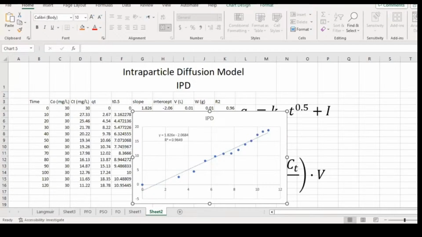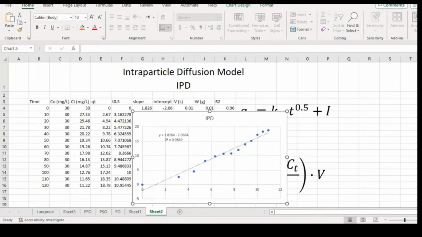But if you are getting a negative value, this means that the system is controlled by the combined effect of film diffusion and surface reaction. So surface adsorption is taking place, surface reaction is also taking place, and there is also the phenomenon of film diffusion.